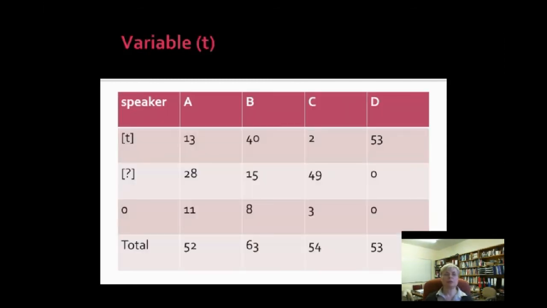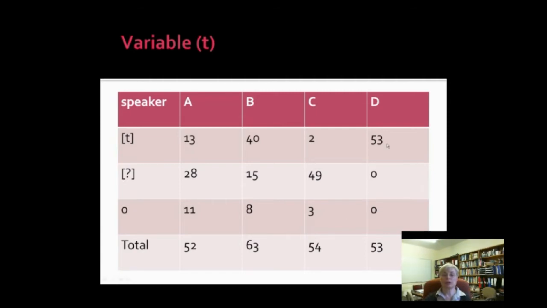So he gives an example of some speakers. Imagine that you've interviewed 4 different people and you've asked them to talk about a similar thing, and they've responded spontaneously, and as they've done this, they've used words with the T sound in them, and speaker A has produced 13 of these and 28 glottal stops, and in 11 contexts where they might have used a T sound, they haven't used one at all.